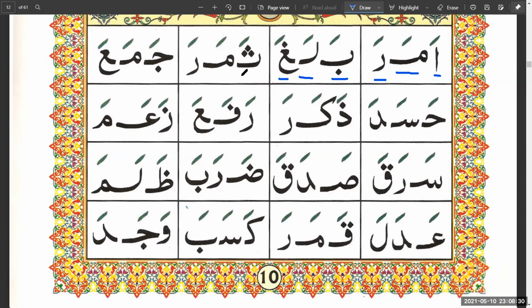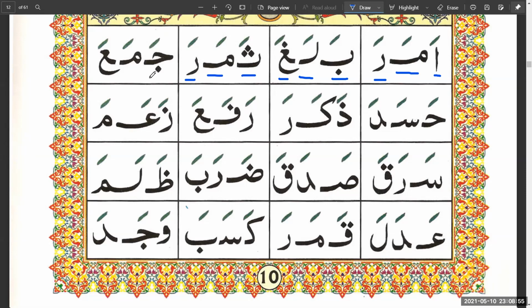Which letter has 3 dots at the top? If you said fa, you are correct. So we have fa, fatha, fa, mim, fatha, ma, and ra, fatha, ra. Fa ma ra.